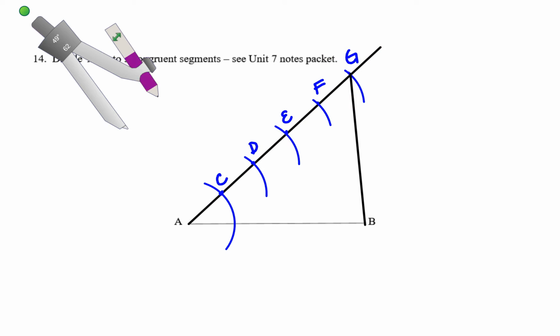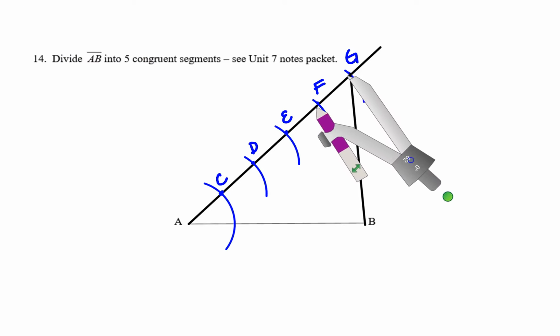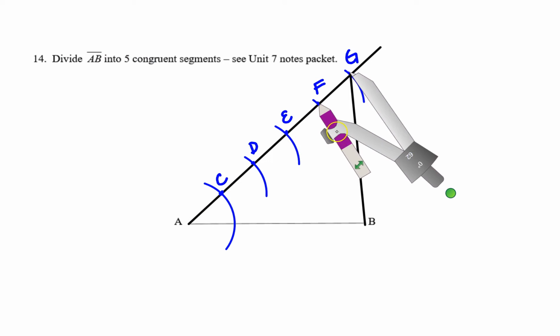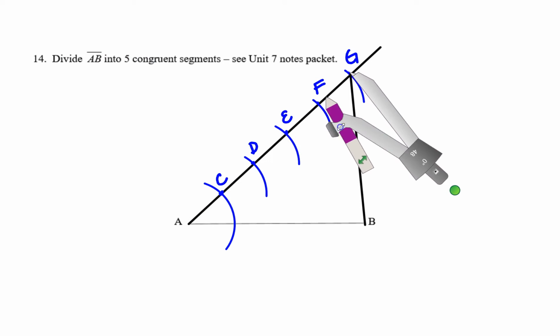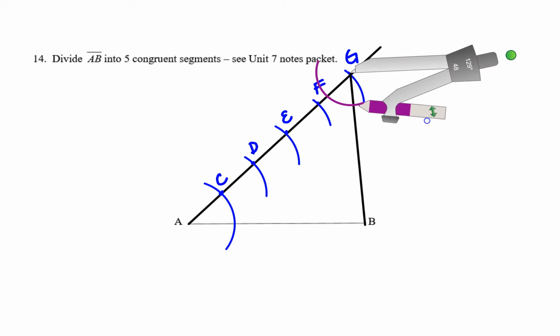Okay, so I'm just going to change the color here to make it a little bit more obvious. So I'm going to take my compass, go to G, and I'm just going to close this a little bit. I'm just going to make an arc so that it intersects both of these sides of the triangle here. So just like so. See how it's intersecting both of those sides of the triangle.